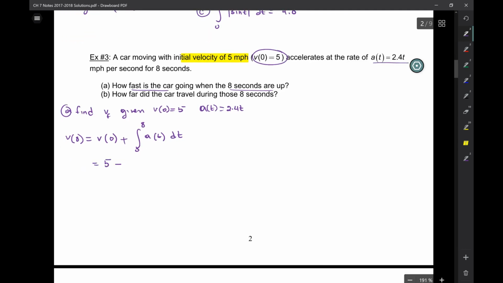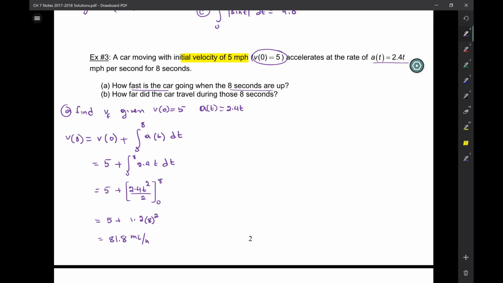So this is 5, because that's what I'm given, plus the integral from 0 to 8 of 2.4 t dt. So that's 5 plus 2.4 t squared over 2, from 0 to 8. And that's 5 plus 1.2 times 8 squared. Altogether, 81.8 miles per hour.